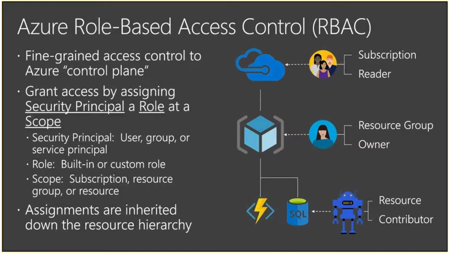And again, like we may have mentioned before, a resource group is just a container that is associated with multiple resources, and you can assign permissions at that level. You can also assign permissions at the actual resource level, so it could be a virtual machine or a SQL database. You can define those permissions.